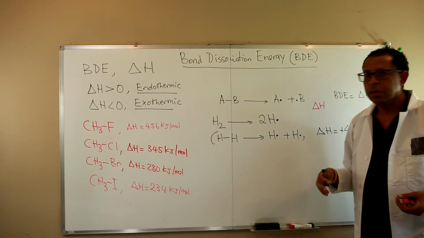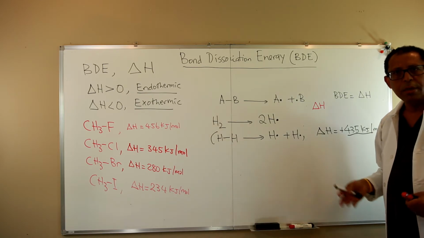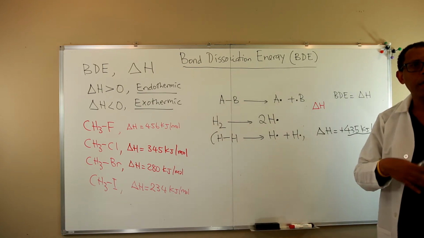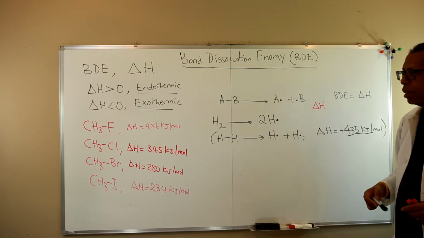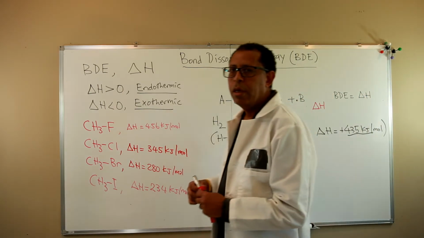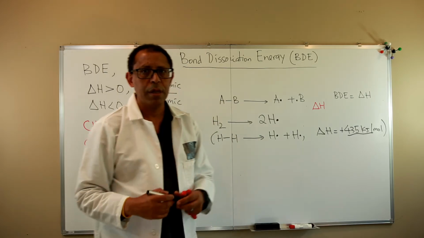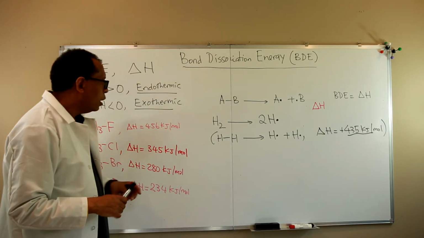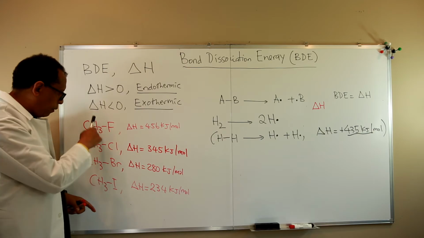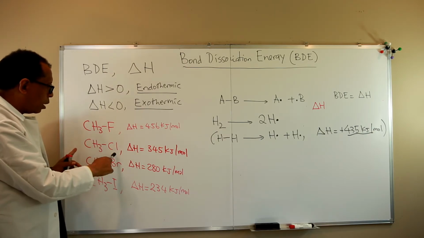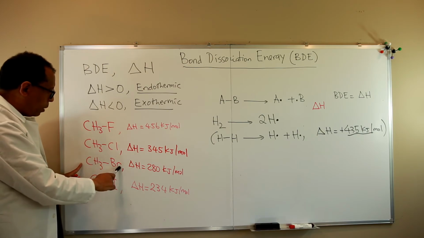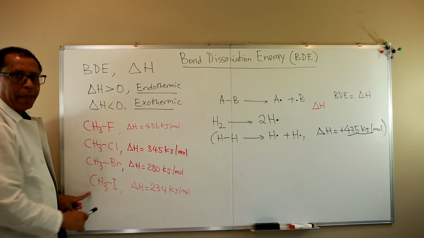So these are mostly tabulated. You will find them as tabulated data, because it has been studied how much bond dissociation energy you need for a certain kind of bond. Here I have an example: fluoromethane, chloromethane, bromomethane, iodomethane.